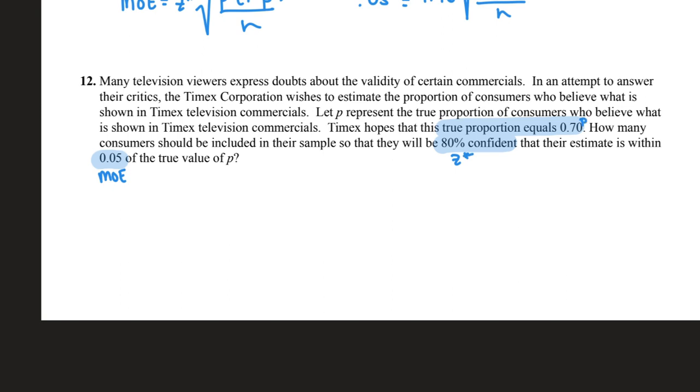All right, so the formula for margin of error, just like we saw here, is going to be Z star times square root of P hat times 1 minus P hat over N. So plugging in everything we know, we want our margin of error to be 0.05. So 0.05 equals, for 80% confidence, Z star is going to be 1.282.